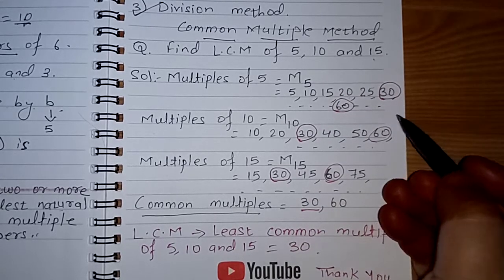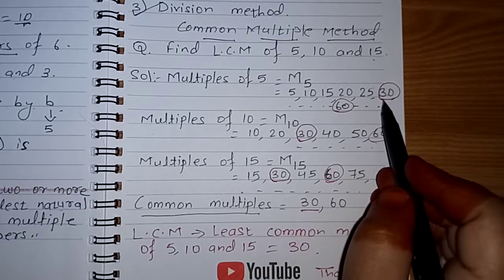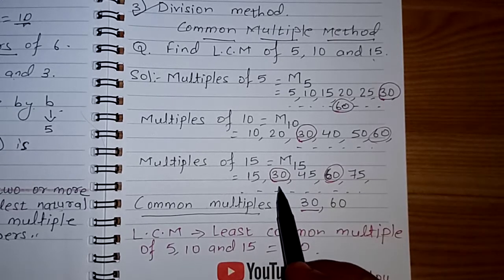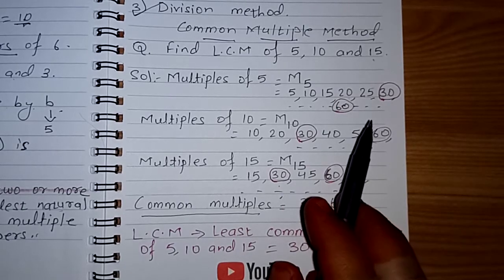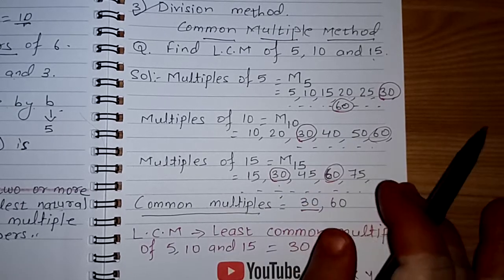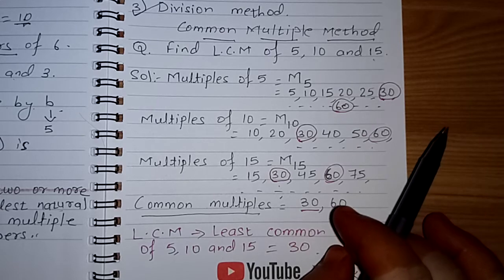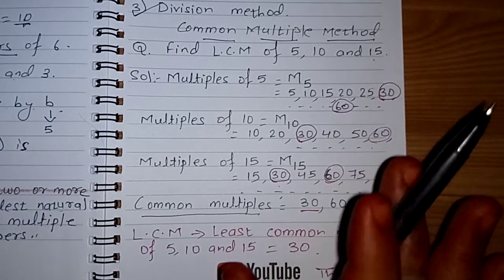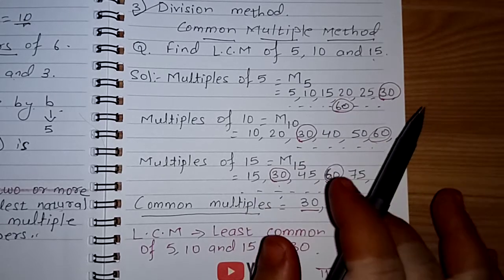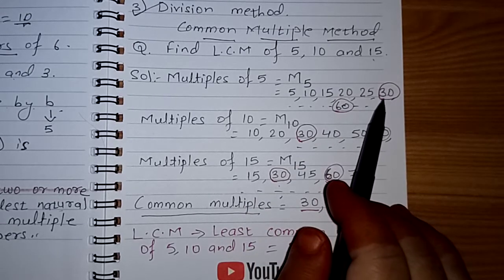So first is 30. 30 is common to all. One thing to remember, children: you should not miss the first multiple, because the first multiple is the smallest multiple, or least multiple. First multiple came 30.